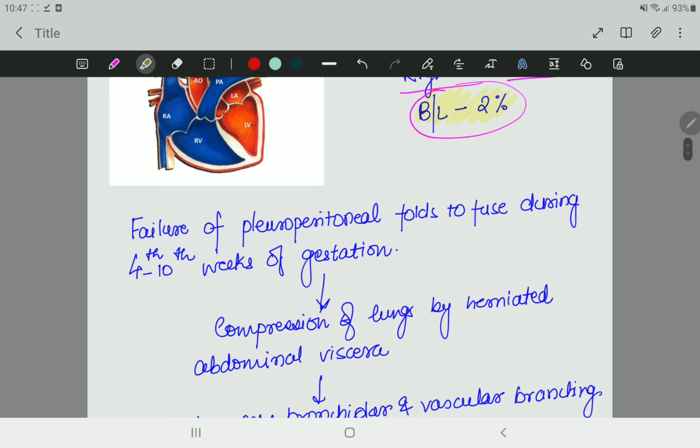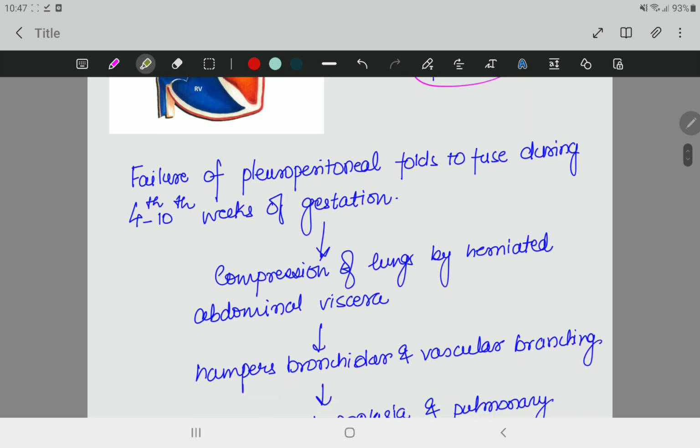The basic embryology is failure of the pleuroperitoneal folds to fuse during the fourth to fifth week of gestation.